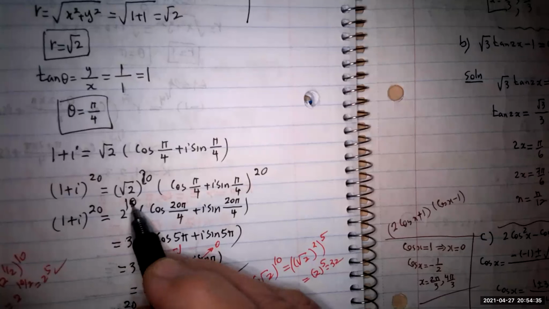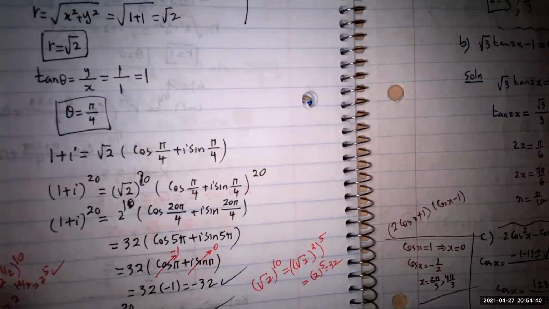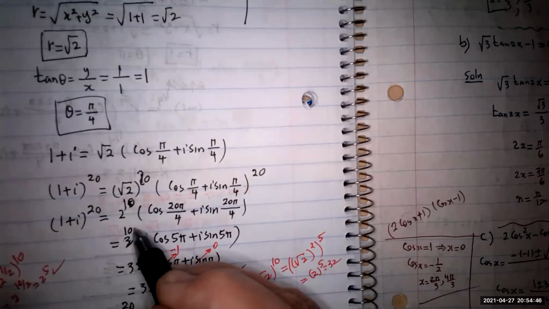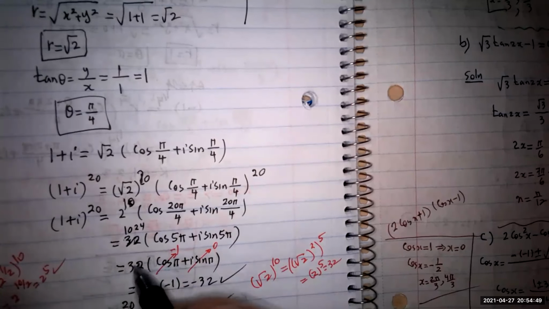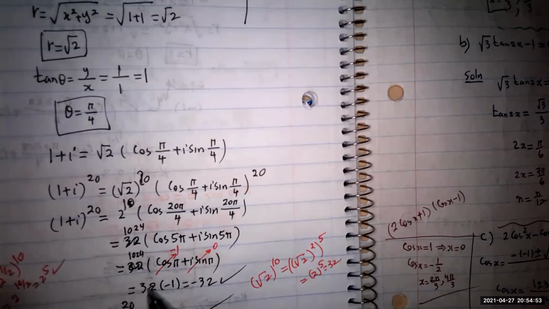Because 2 to the 10 is going to be 2 to the 5th times 2 to the 5th, which is going to be 1024. So everything would be 1024.